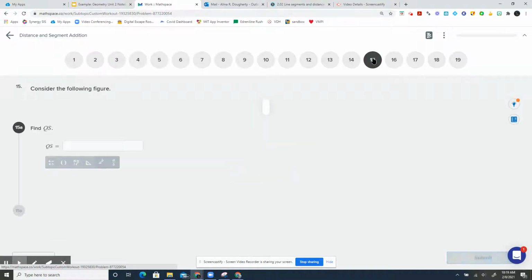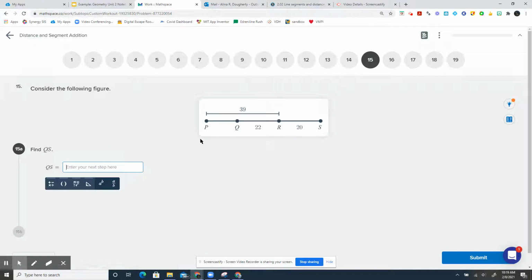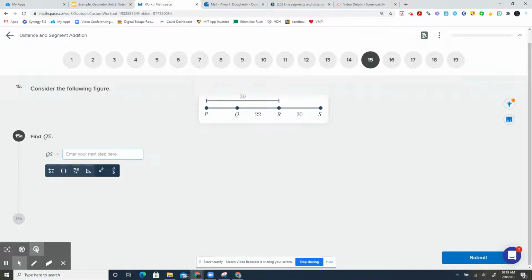Question number 15. It's going to change it up just a little bit. I want to know what QS is, and notice that there's a 15A and a 15B. So once we do QS, there's going to be another question. Here I've got the part plus the part plus the part equals the total, or I can forget about this piece because those two parts equal this total.